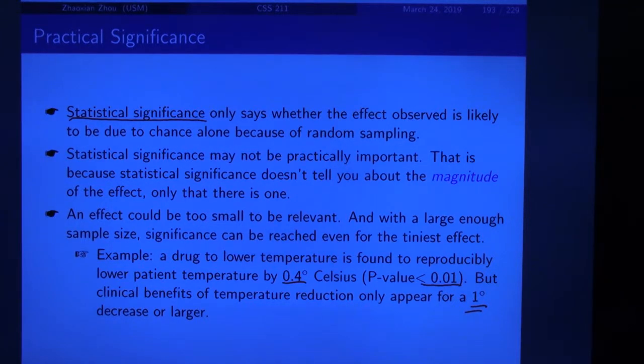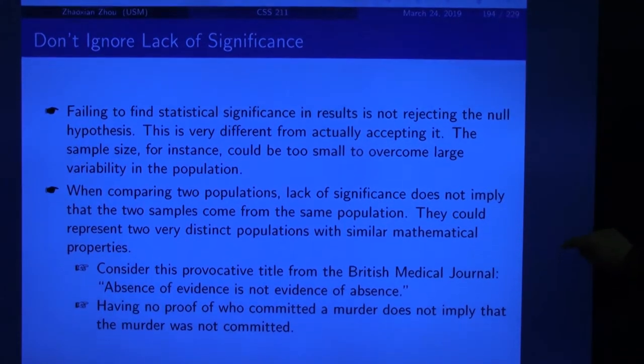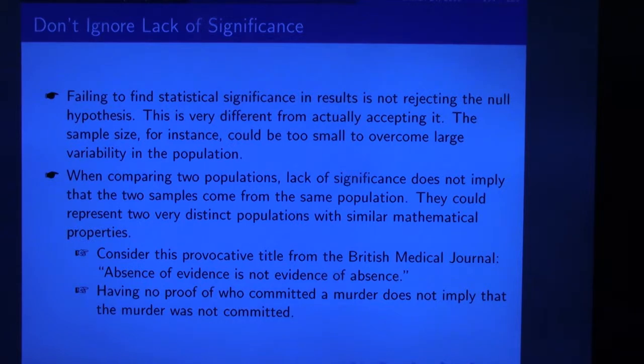So if your result is statistically significant, it does not necessarily mean it's practically significant. On the contrary, if you cannot find significance statistically, that doesn't mean it is practically not significant.